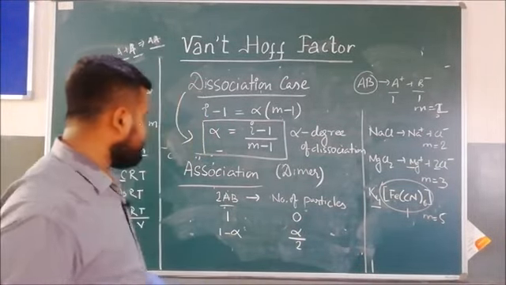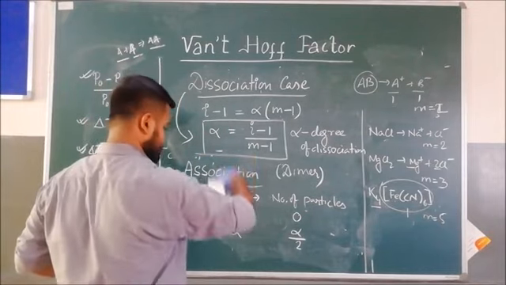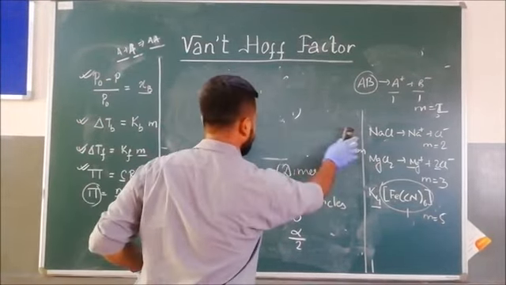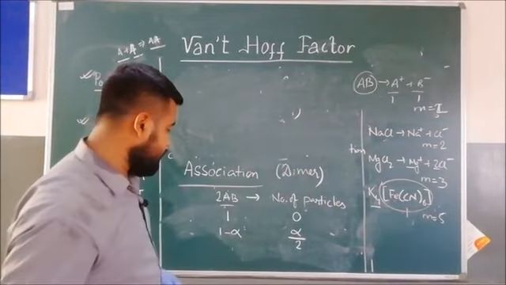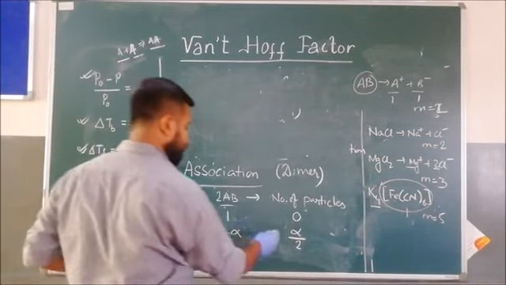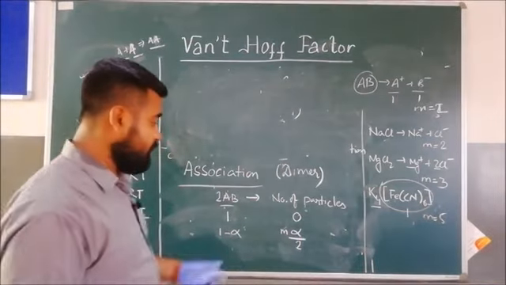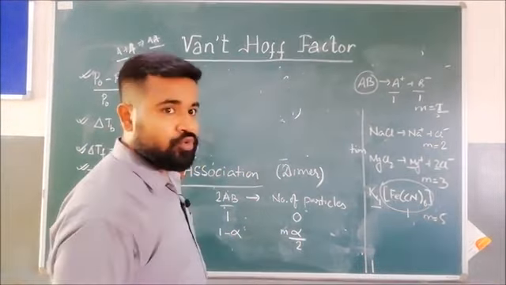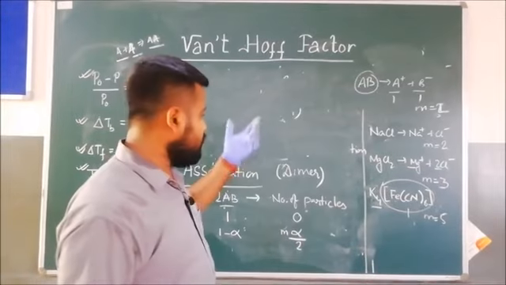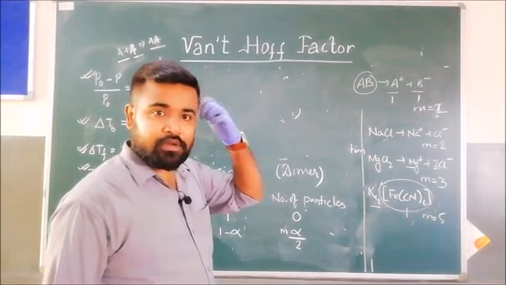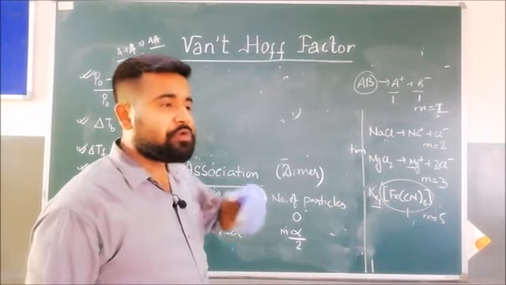Now we will go to the formula. Here we can put M, because it may be 2, it may be 3. It is not always a dimer. It may be a trimer, it may be a tetramer.